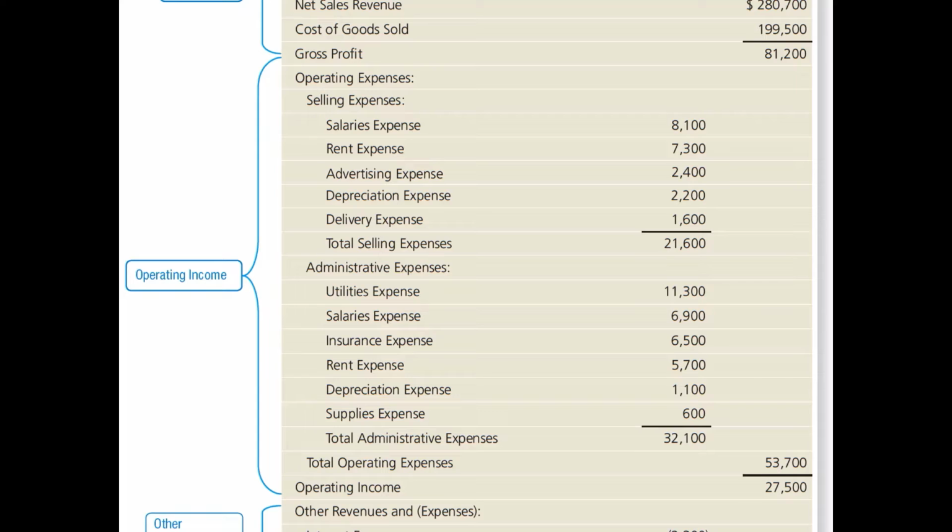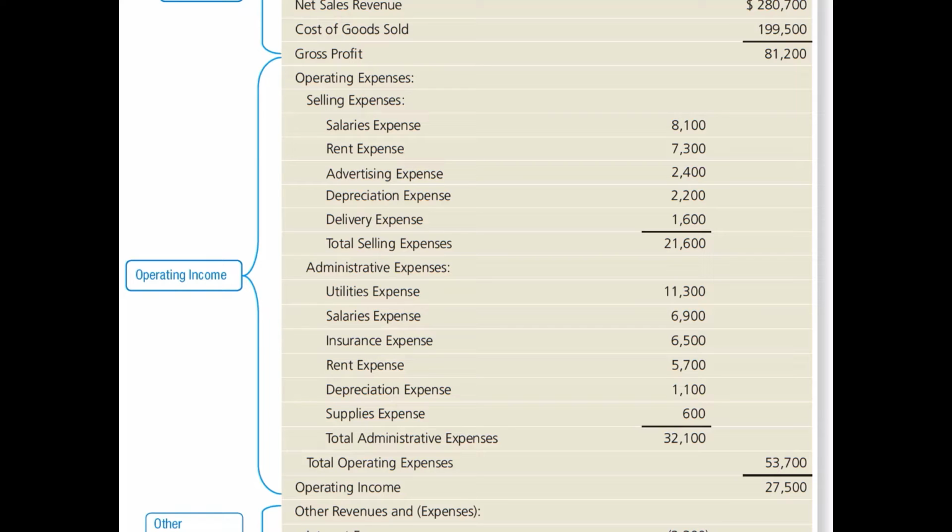One is selling expenses and the other is administrative expenses. The selling expenses are all the costs associated with marketing, advertising, sales department, everything related to actually selling our products. Administrative expenses are everything else. Those things are the costs of just running our business.